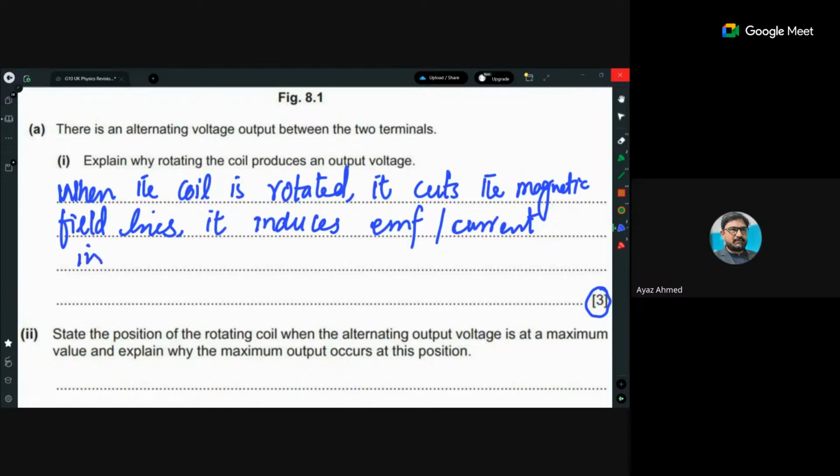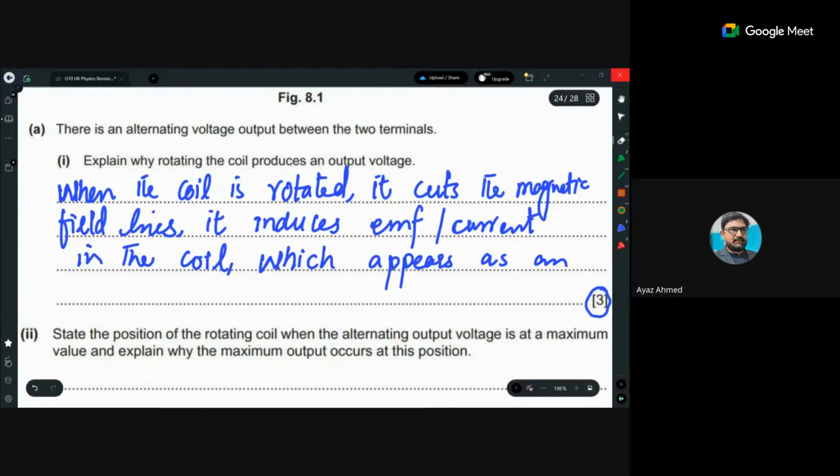Current in the coil, yes, which appears as an output, which appears as R. Okay, just a second.